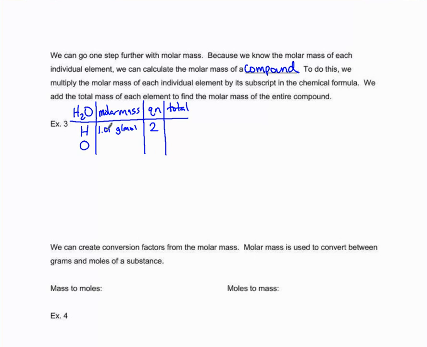So 1.01 times 2, 2.02 grams per mole. Just so we know what we did here, this is a multiply, this is the equals. That's how we found the total mass of the hydrogens.